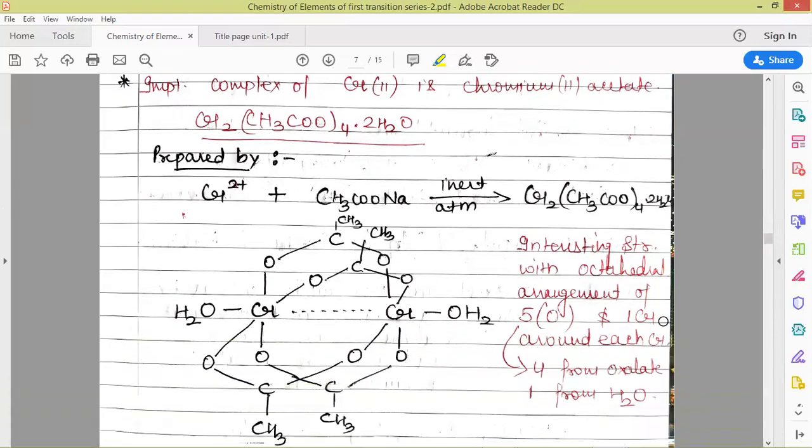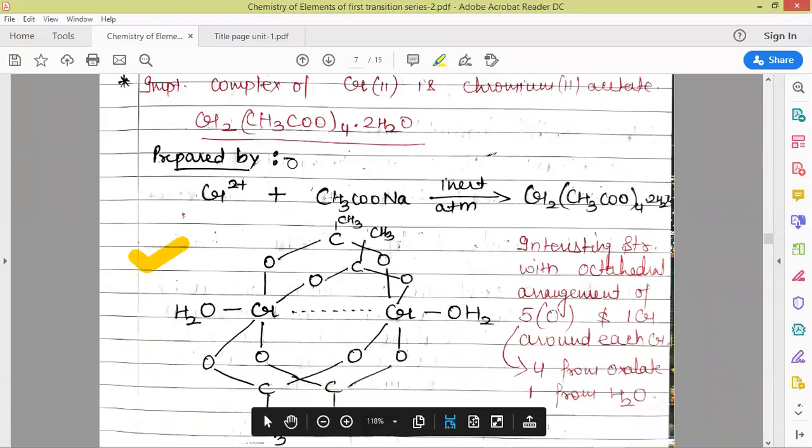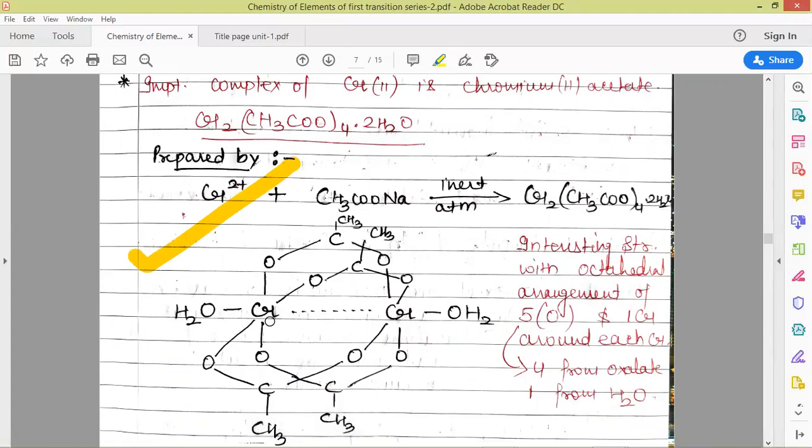This is a very important structure for this complex, that 2 chromium atoms are present in the complex, which are surrounded by 4 oxygens each from the acetate ligands, and 1 oxygen surrounding it is coming from the water molecule, and the 6th position of the octahedral geometry is occupied by the other chromium itself.